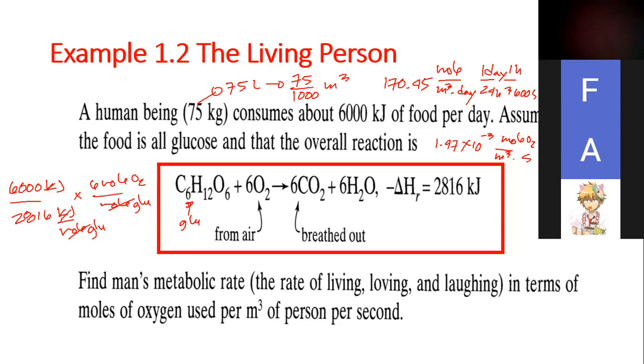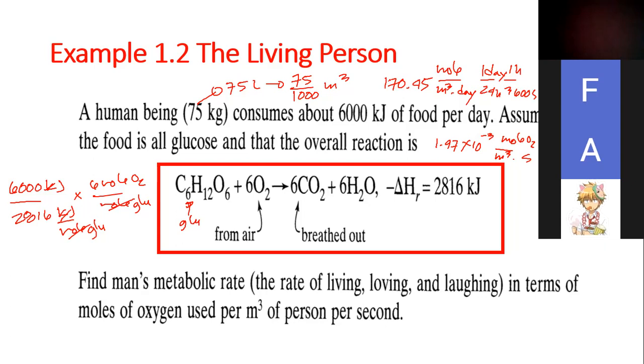In our case, we eat, and then we burn what we ate. So that is how slow it burns: 1.97 times 10 to the minus 3 oxygen per cubic meter per second.